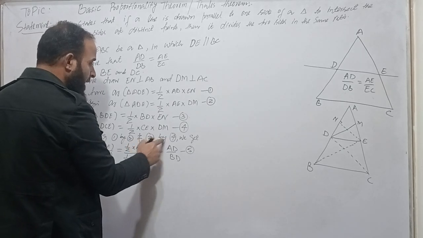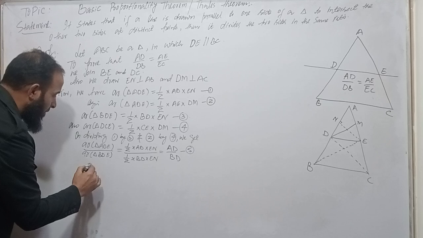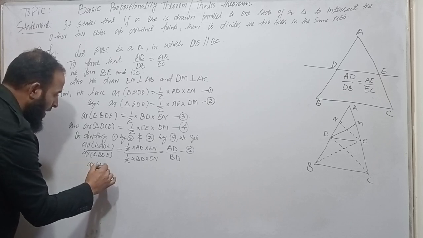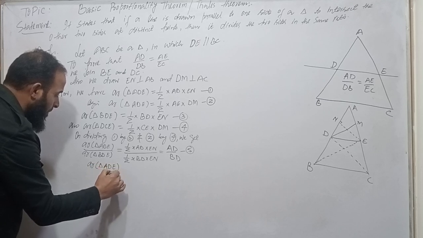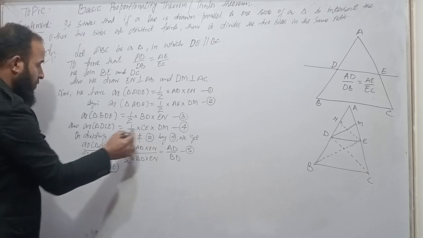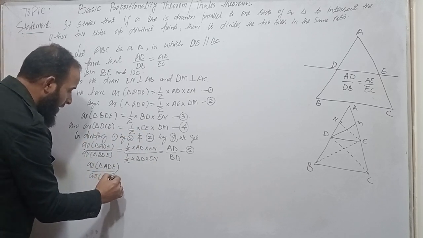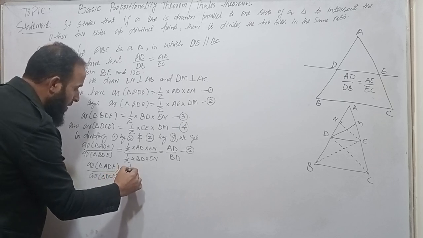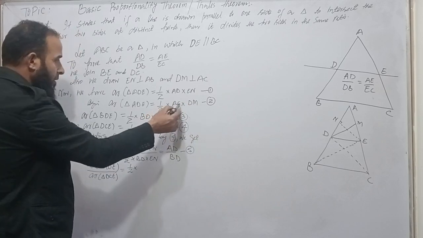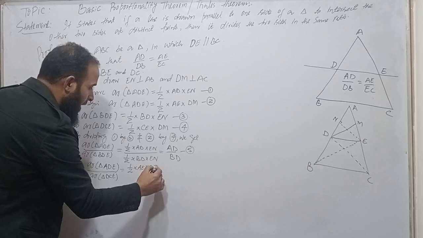Now on dividing second by fourth, what we will get? What is equation second? It is area of triangle ADE over area of triangle, what is fourth? Triangle DCE. It will be 1/2 of AE cross DM.